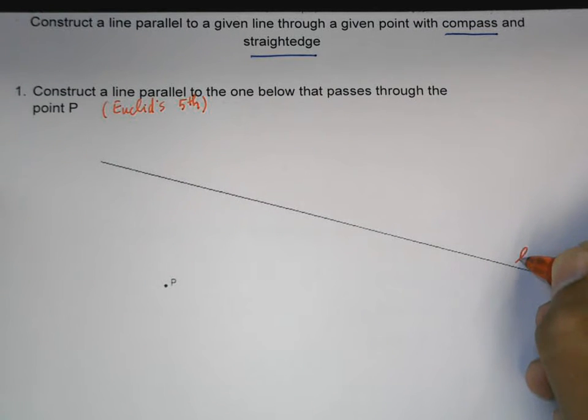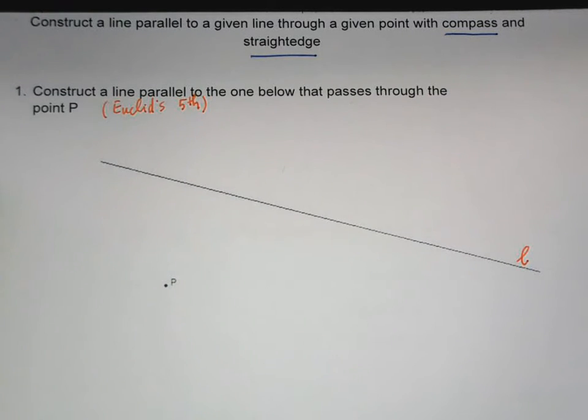Now, just so that it's a little bit easier to explain, I am going to give this line here a name. That's line L. In order to use parallel lines, if you recall, we know that lines are parallel if there's a transversal through them and there are some properties to the angles that the transversal makes.